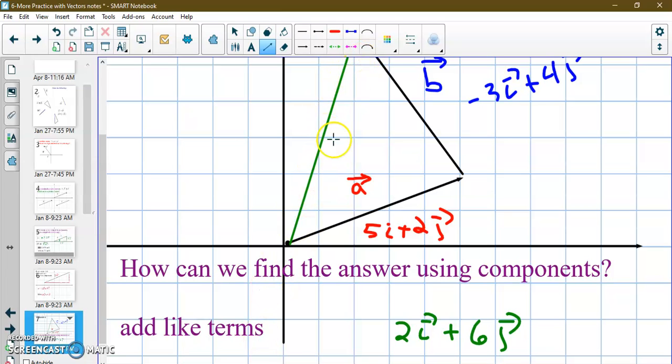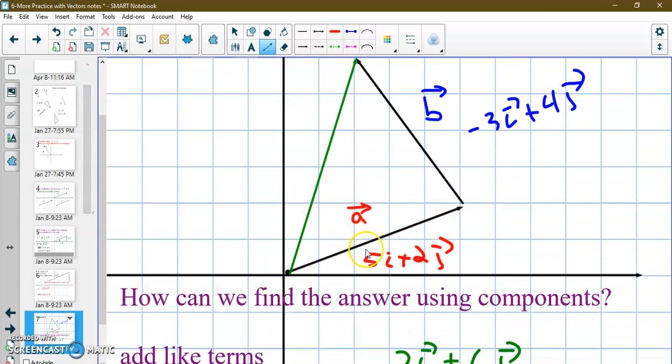If we don't have this graph where we can visualize and count out what our components are, if we add 5i plus negative 3i, we get 2i, and that matches what we counted here. And then 2j plus 4j gives 6j, and that also matches. Okay, so two ways to look at that. We can draw out the resultant vector and then count those components, or if we have the components for the vectors we're adding, we can just add the i terms and the j terms together.